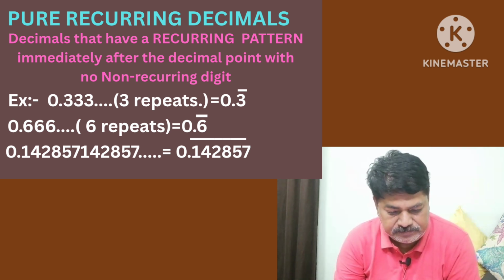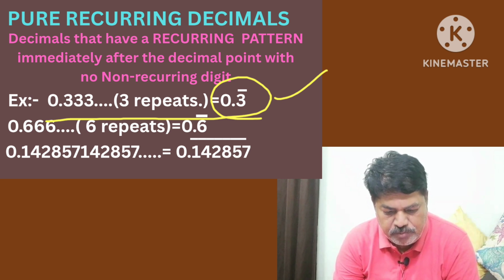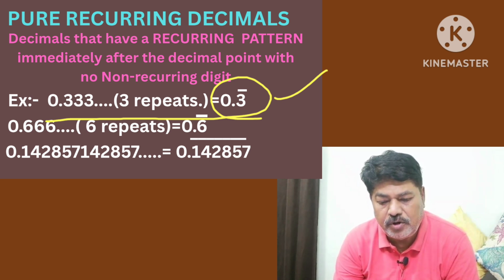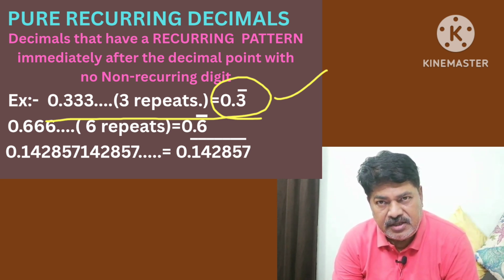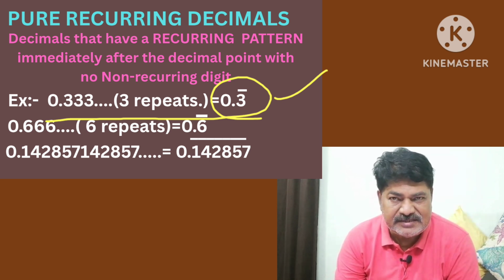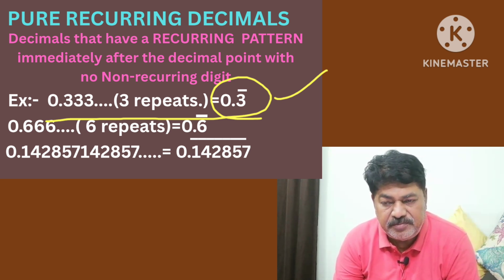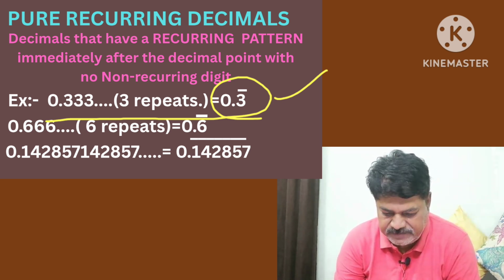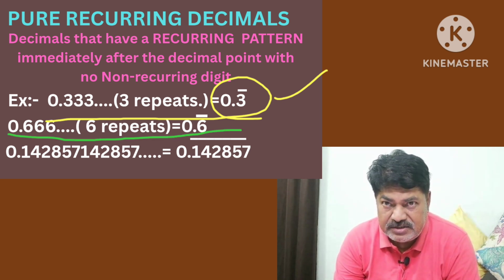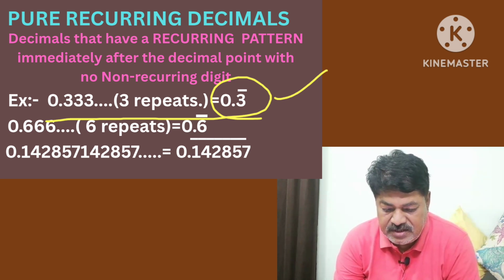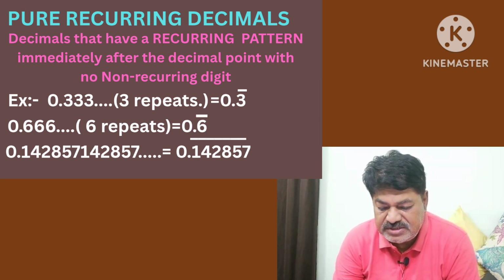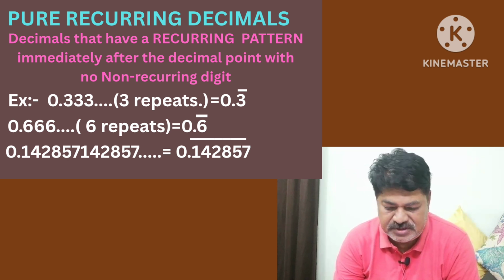For example, 0.333 dot dot dot. In this decimal, 3 repeats continuously. 0.666 dot dot dot. Here 6 repeats continuously.